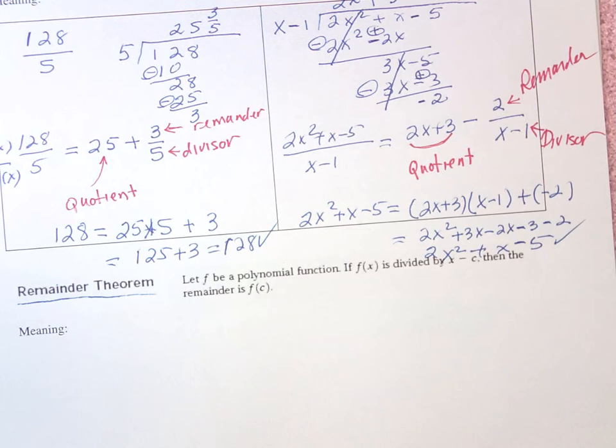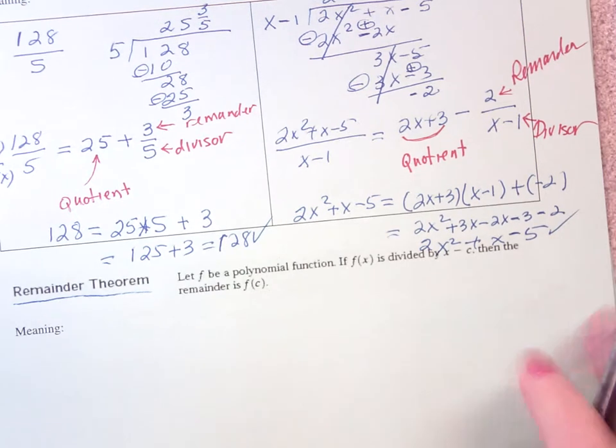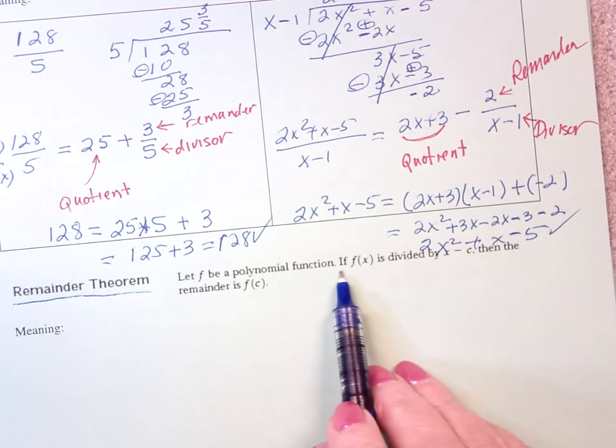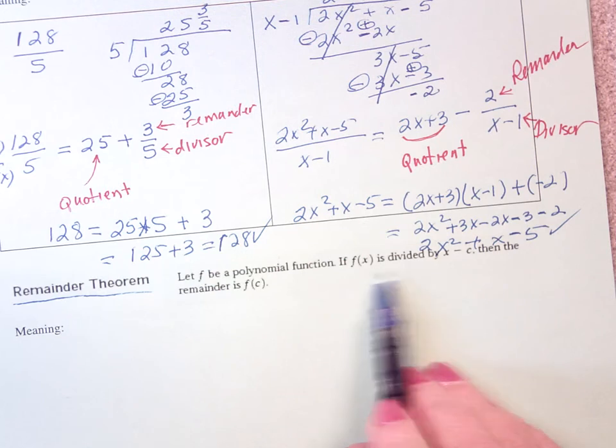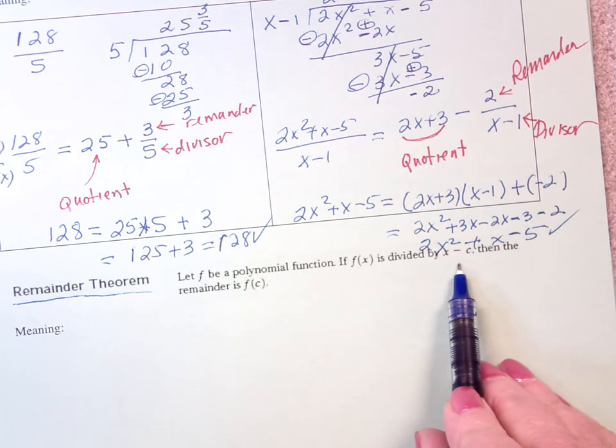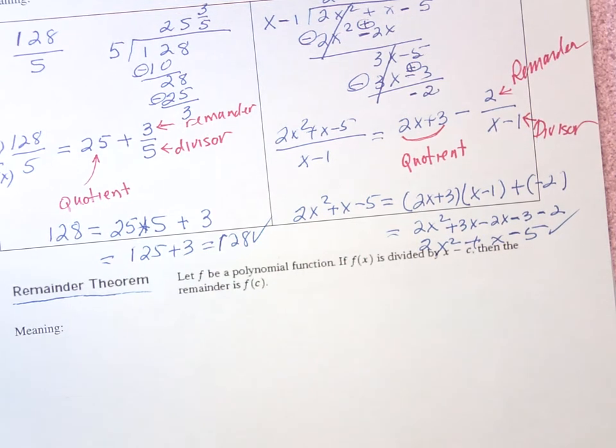Remainder theorem. Let f be a polynomial function. If f of x is divided by x minus c, then the remainder is f of c.